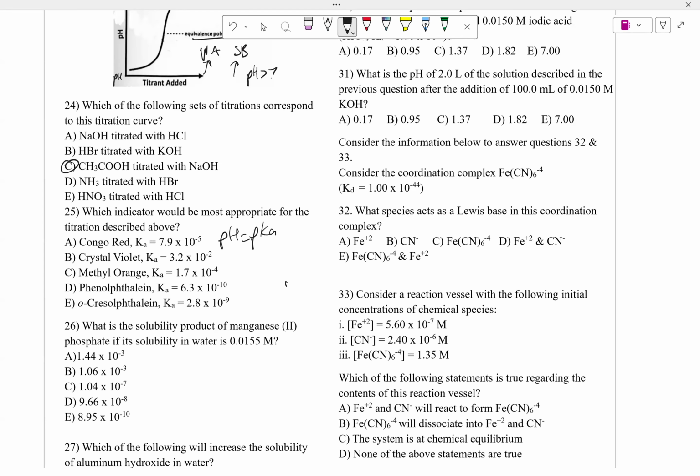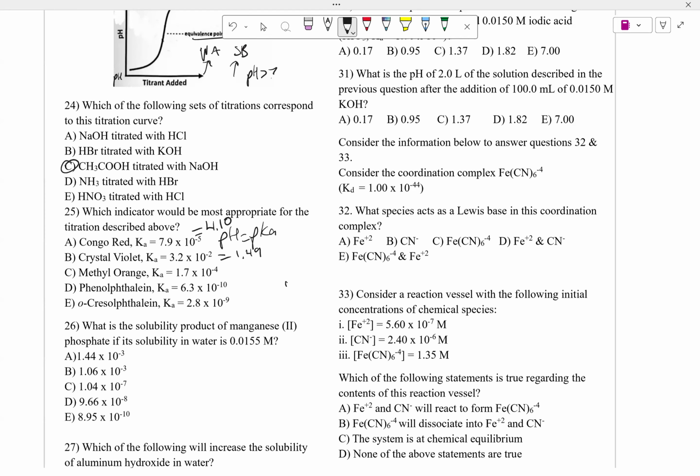So if I do the negative log of 7.9 times 10 to the negative 5, this is 4.10. Here it's going to be the negative log of 3.2 times 10 to the negative 2, which is 1.49.